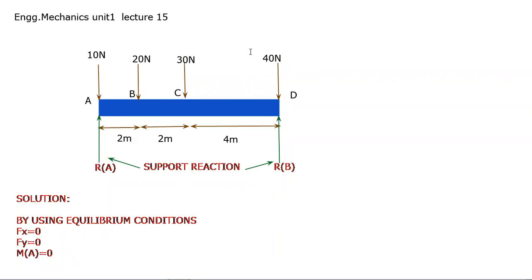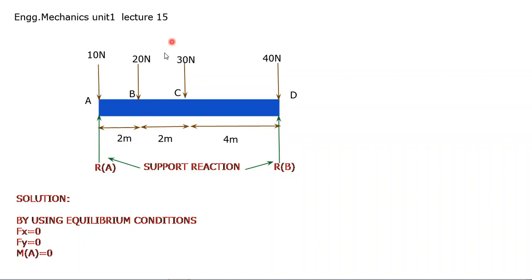Out of this, which condition will be useful here? Fx is equal to 0: there is no force in the x direction. You can see here, every force is in the y direction, whether it is upward or downward.